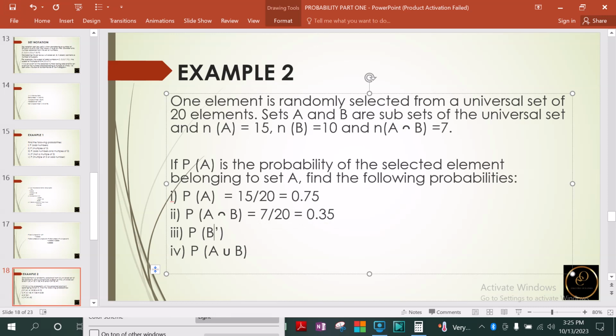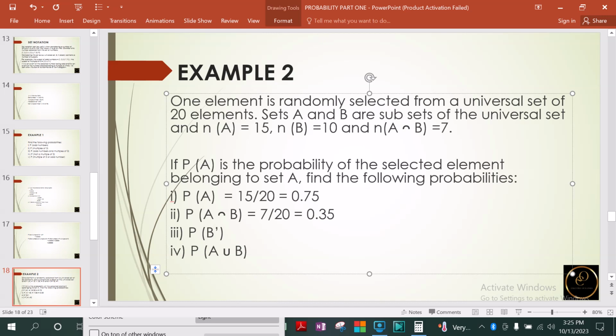If what is in B is 10, meaning that we have captured 10 items out of the 20 elements, then what is outside should be the remainder, which is 10.